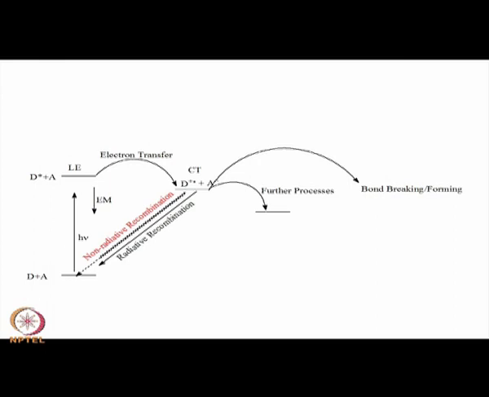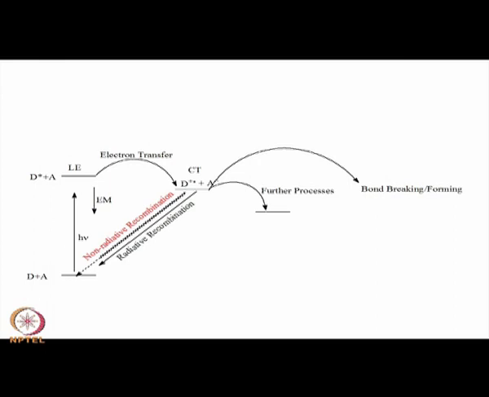In that case you will get D 2 plus, and here A 2 minus double dot.